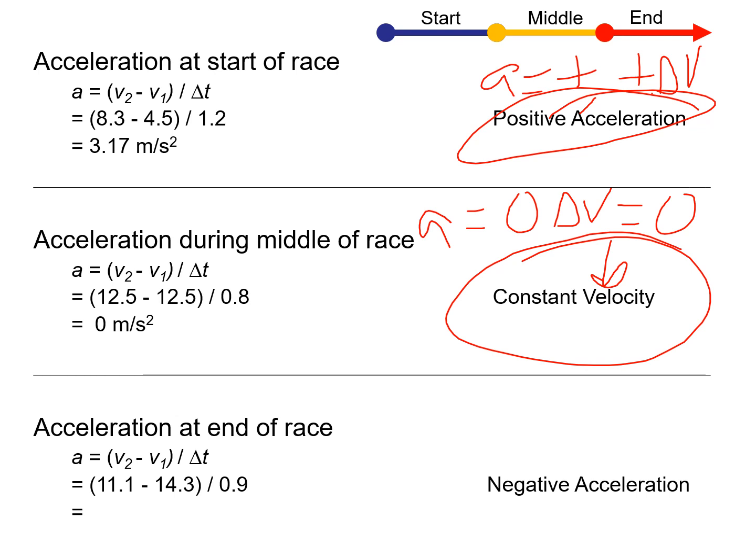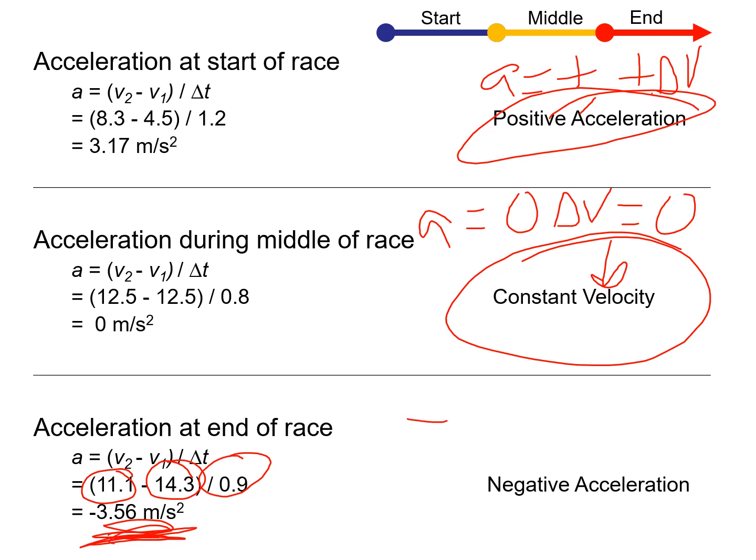If, on the other hand, we're seeing acceleration at the end of a race, they started the race at 11.1 meters per second, and then they slowed to 4.3 meters per second, and they did it in 0.9 seconds, we have a negative acceleration, excuse me.